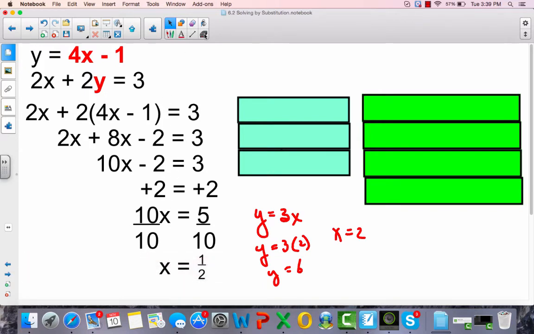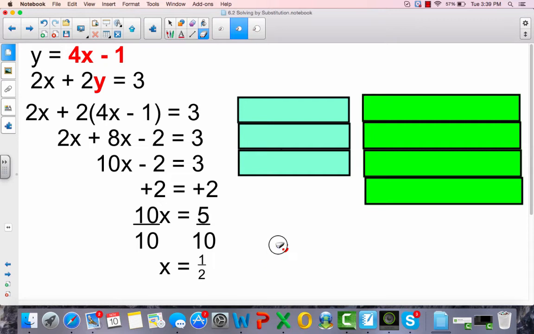All right, now with that x equals 1/2, we've got 1/2 of our answer, because what else do we need? We need the y, right? We've got the x, so our answer is partially done. We've got 1/2, and now we need the y to complete our answer. So how do we get that? Well, we take the 1/2, and we go back up here to this original problem, y equals 4 times x minus 1.